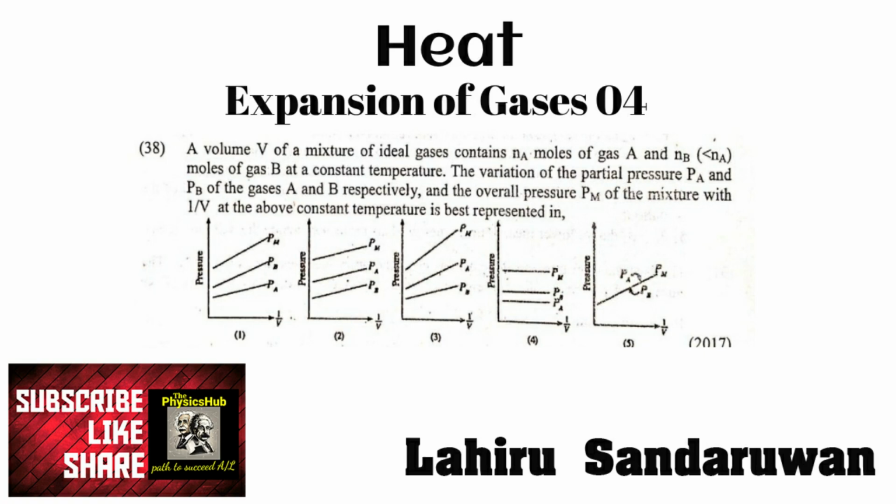The volume V of a mixture of ideal gases contains Na moles of gas A and Nb moles of gas B, where Nb is less than Na, as given in the question, at a constant temperature. The variation of partial pressures PA, PB of gases A and B respectively and overall pressure PM of the mixture with 1 over V at the above constant temperature is best represented in.